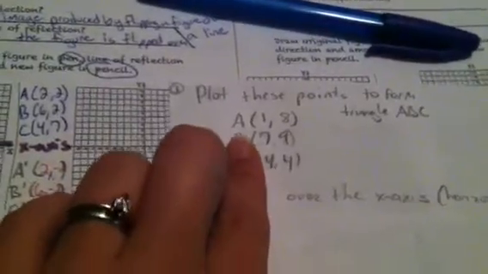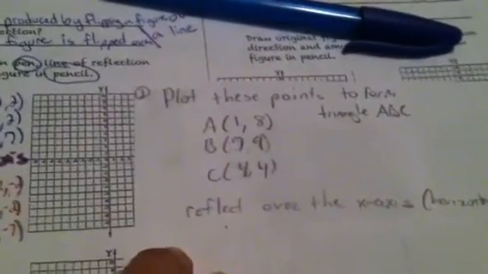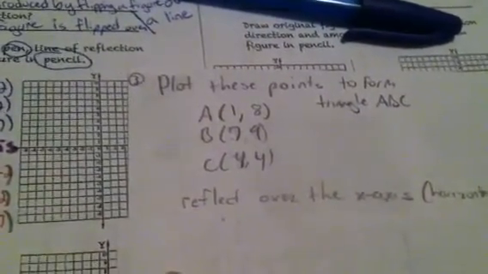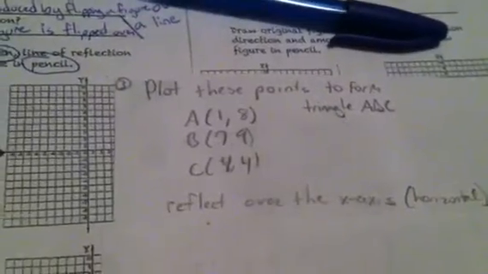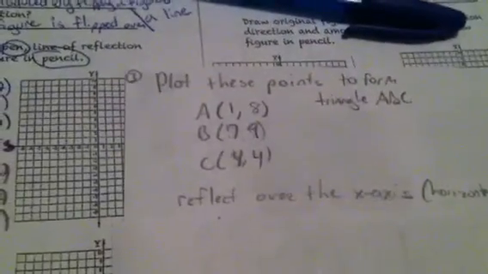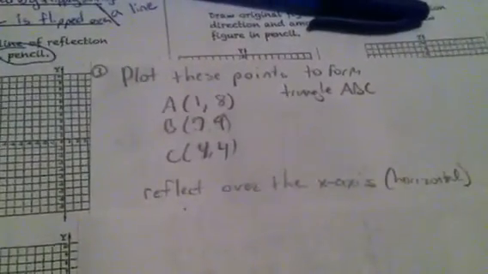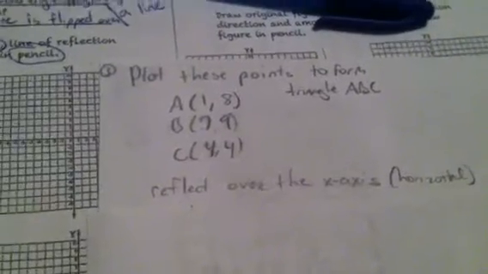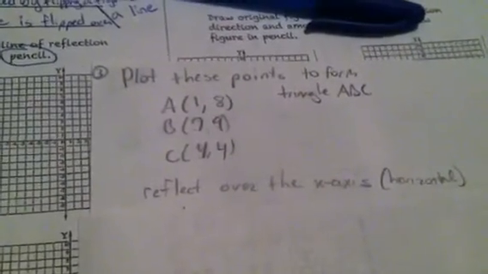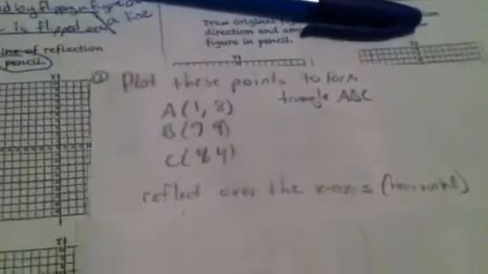A is (1, 8). B is (7, 9). C is (4, 4). So see if you can plot those points for me.